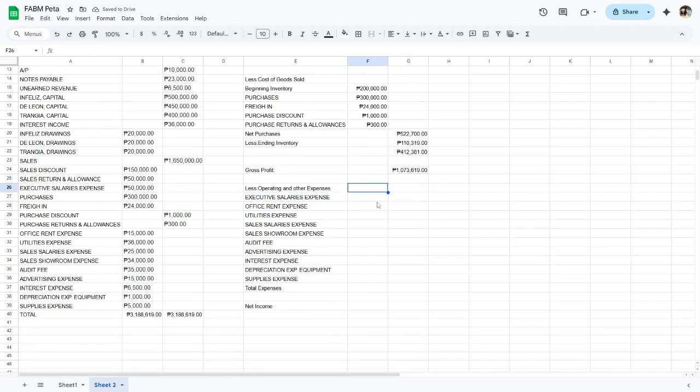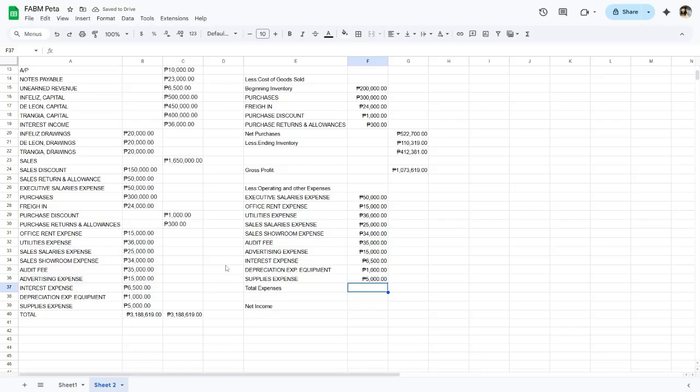Now let's subtract the operating and other expenses: executive salary expense, office rent, utilities, sales salaries, sales showroom, audit fees, advertising, interest expense, depreciation, equipment expense, and supplies expense.